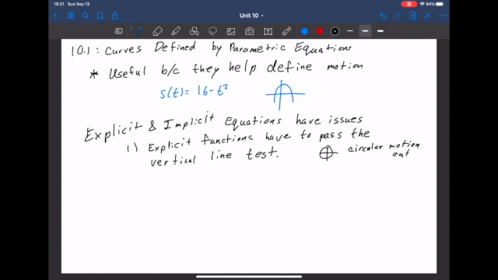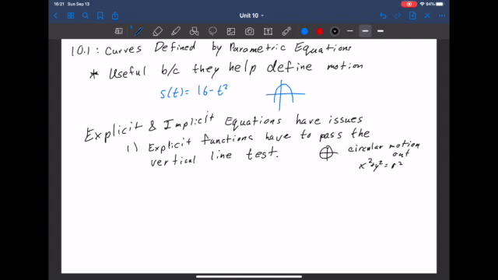And you might be thinking, well, okay, but for a circle, we could just use an implicit equation, like x squared plus y squared equals r squared, right? That's an implicit equation. It implicitly describes x in terms of y.